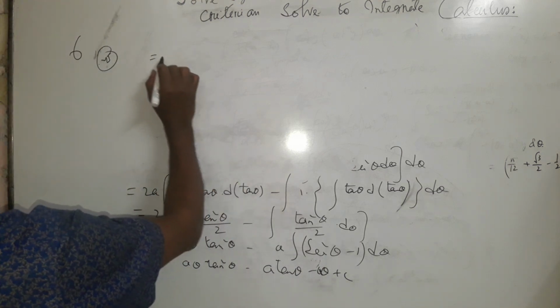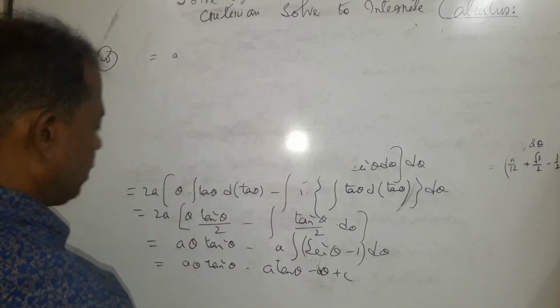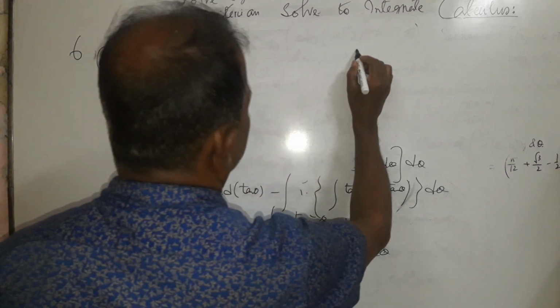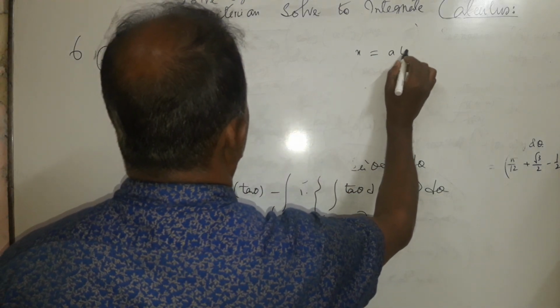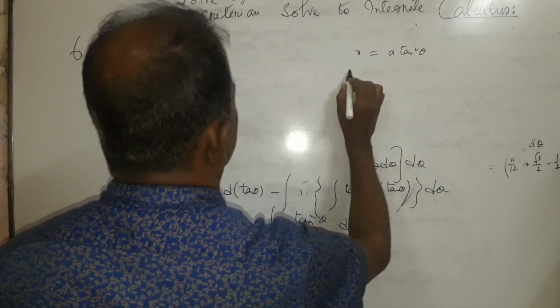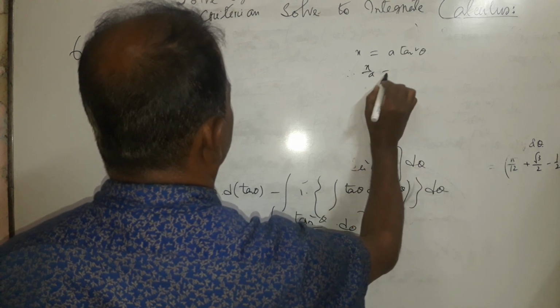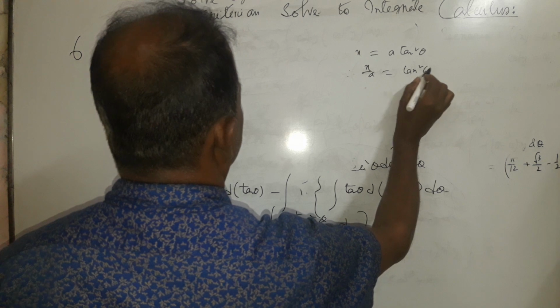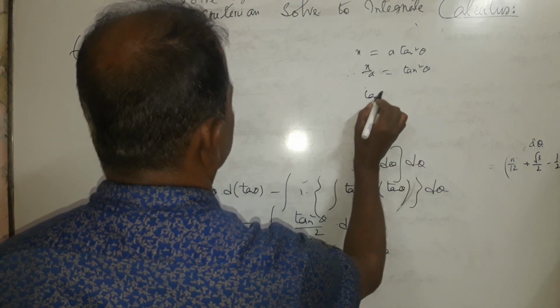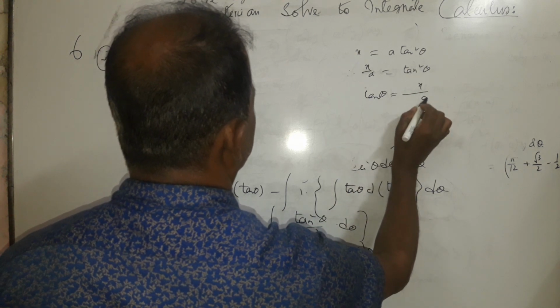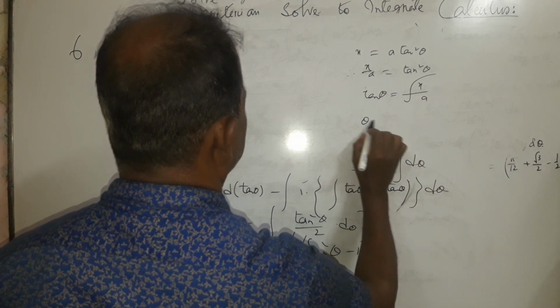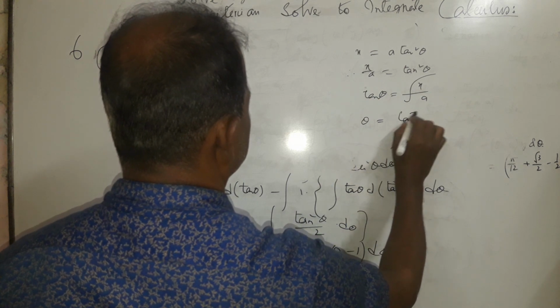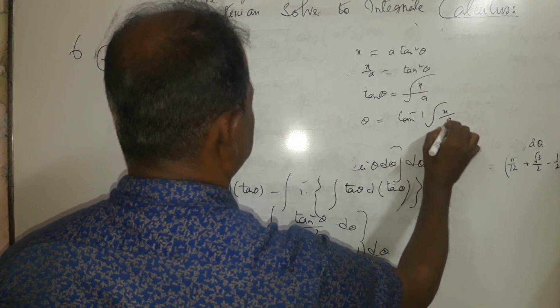x equals a tan square theta, that means x divided by a equals tan square theta, and tan theta equals the square root of x divided by a, and theta equals tan inverse of the square root of x divided by a.